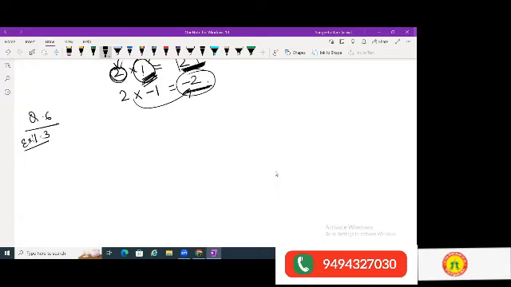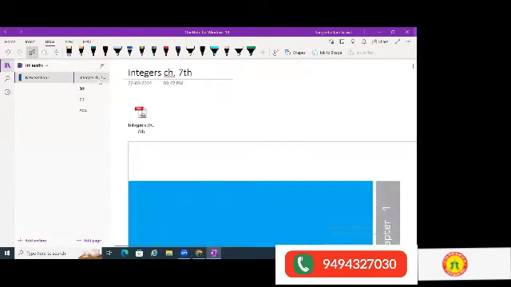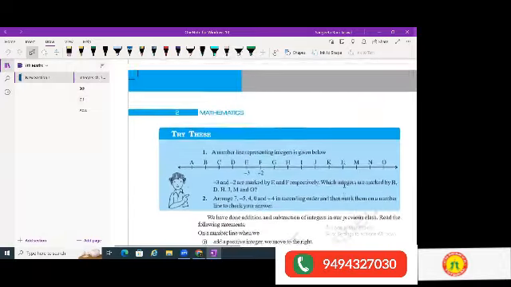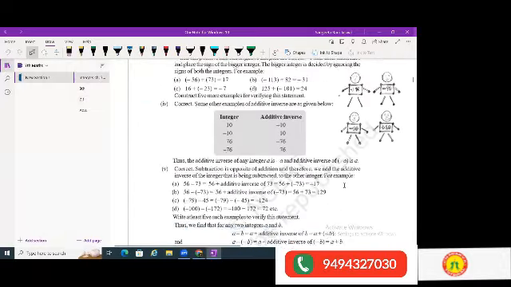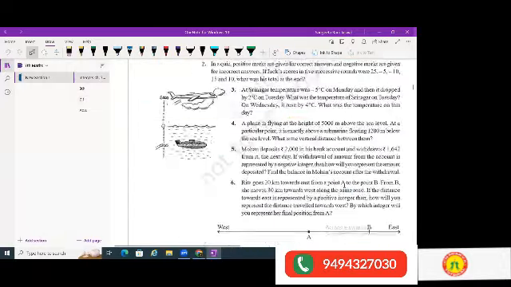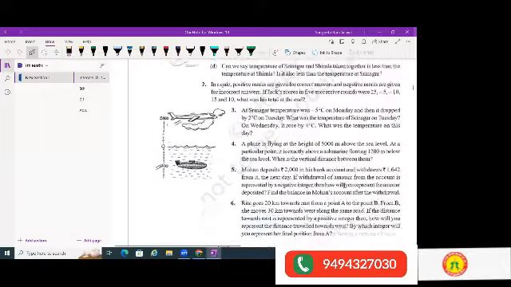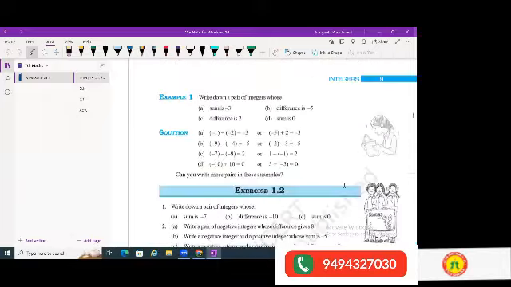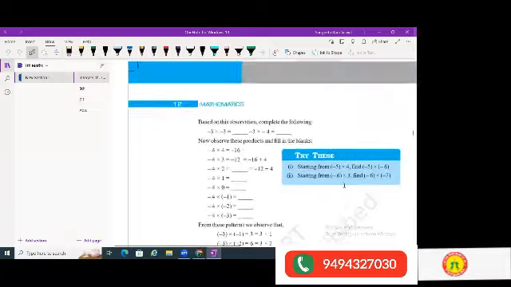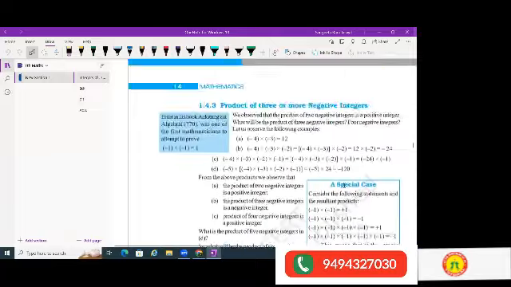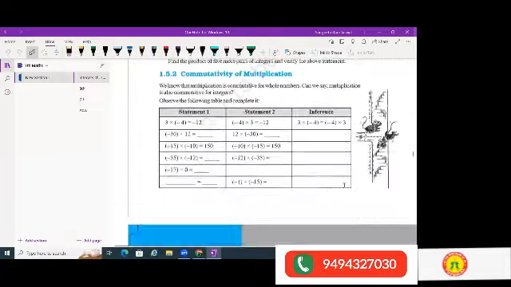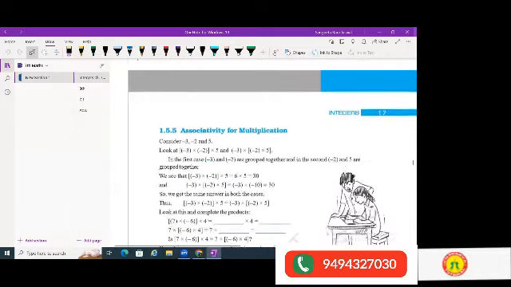Now let's go to the chapter part so that you can see the question. This is exercise 1.3. After this exercise, there's another exercise, and after that, the chapter will be over.